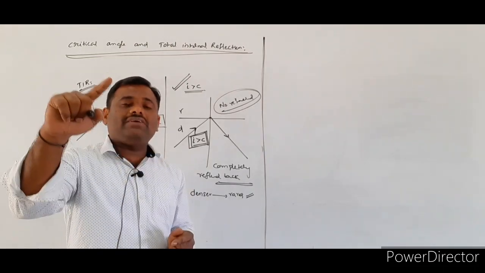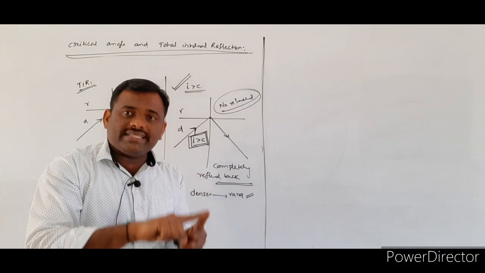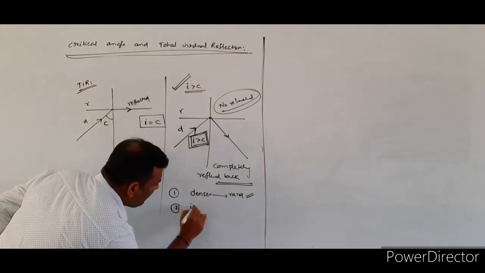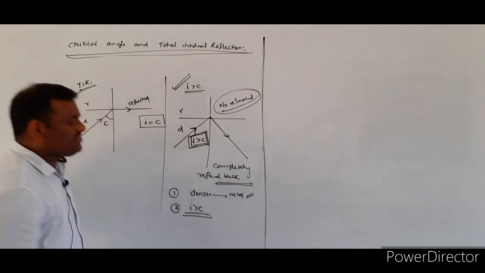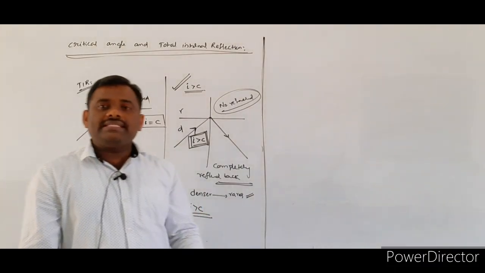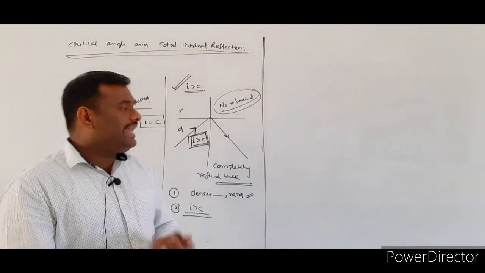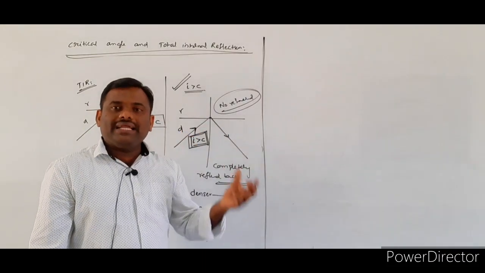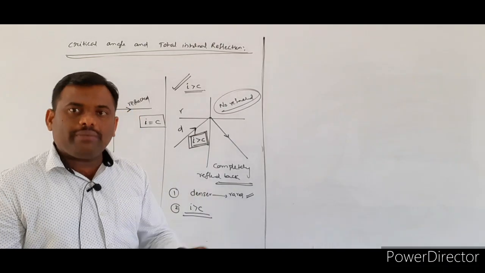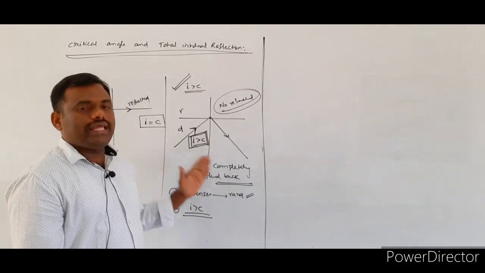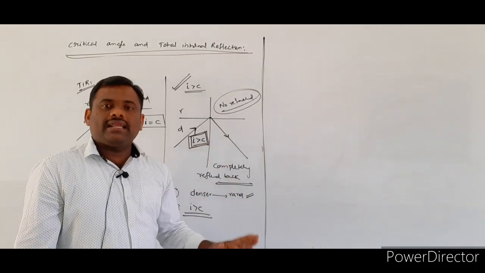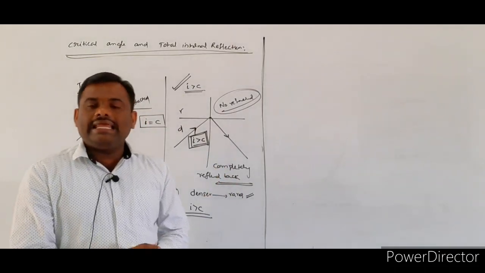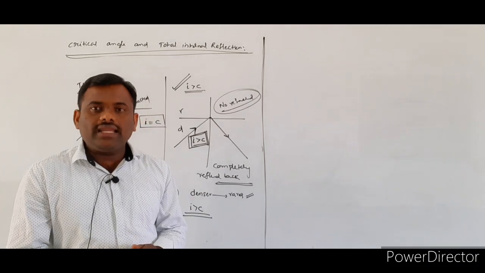The second condition is that the angle of incidence within the denser medium is greater than the critical angle. Then the light rays are completely reflected back within the same medium. Such a phenomenon we call total internal reflection. So this is the concept of critical angle as well as total internal reflection.